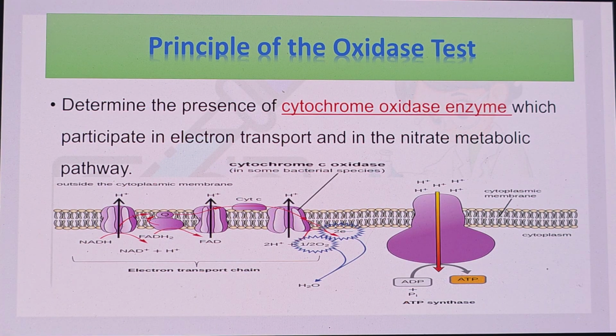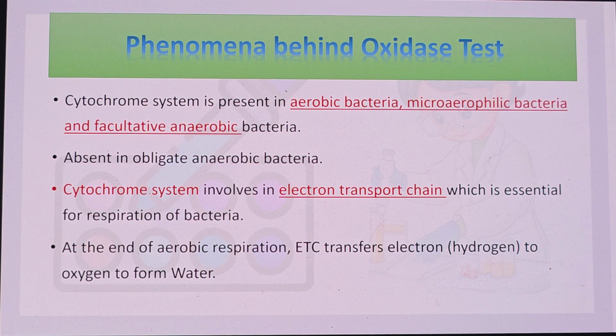What is the principle of oxidase test? Determine the presence of cytochrome oxidase enzyme which participate in electron transport chain and in the nitrate metabolic pathway. What is the phenomena behind oxidase test?